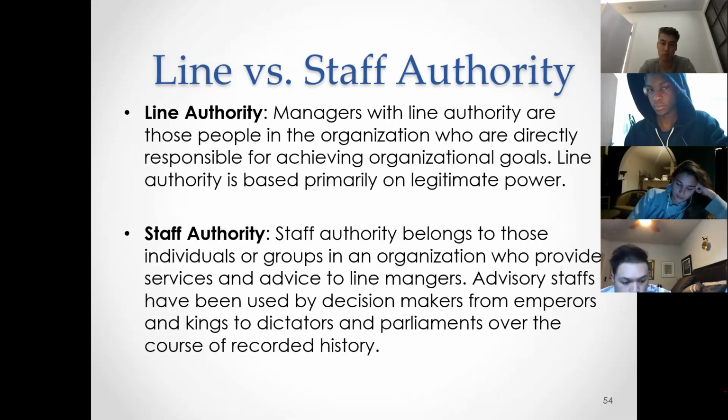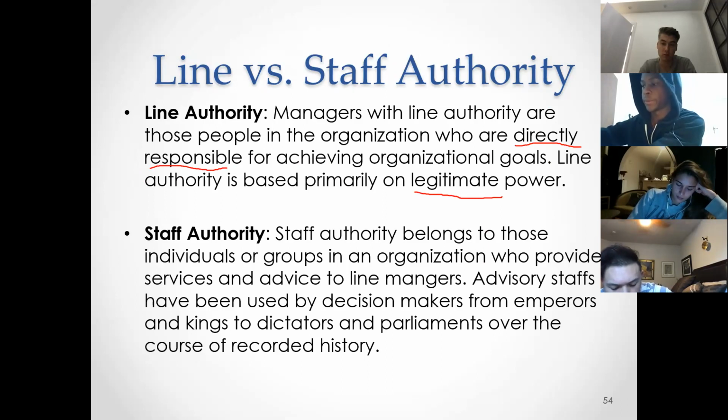So, line authority is you're directly responsible for achieving the goal. If you have line authority, you are directly responsible. You have legitimate power. Staff authority, you don't really have to make the decision.